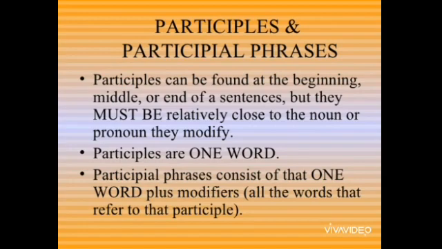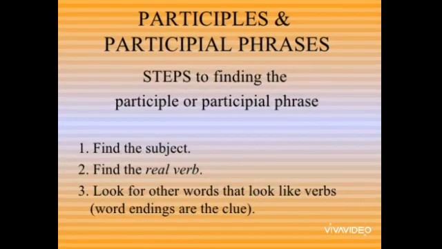Participles are one word. Participle phrases consist of that one word plus modifiers, all the words that refer to that participle. Every word that modifies the participle forms the participle phrase. How do we find the participle or the participle phrase?